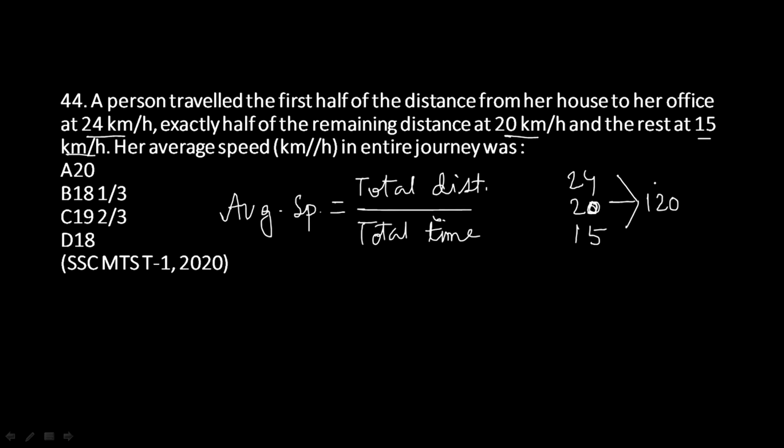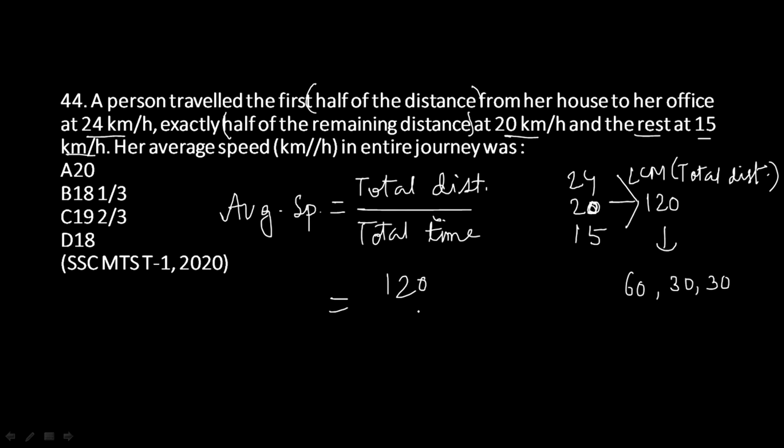LCM is 120, and it is our assumption of the total distance as well. It is divided into three parts: first is half of the distance, then exactly half of the remaining distance, and then the rest. So it will be 60, 30, 30. Clear? The first part is covered at 24 km per hour.